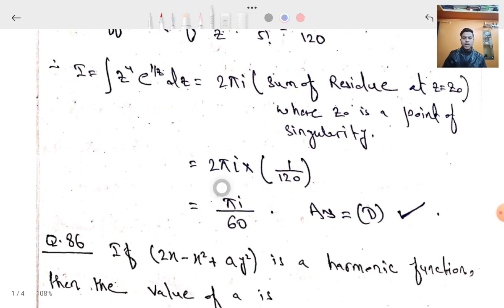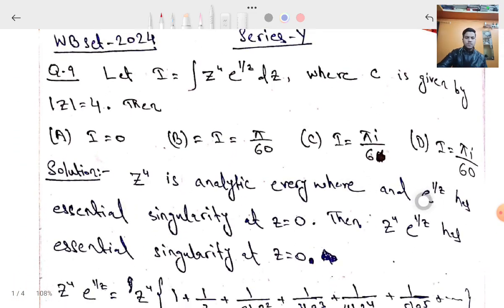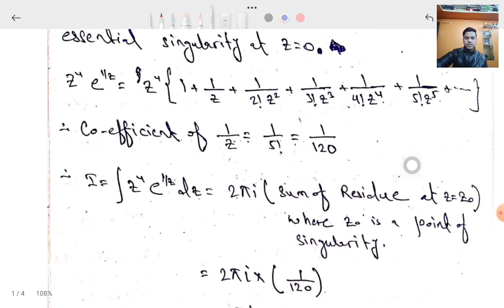Then 2 pi i into the coefficient of 1 by z, which is the residue, we know that. Then 2 pi i into 1 by 120 equals pi i by 60. Then the answer is option D. Option D is correct, pi i by 60.